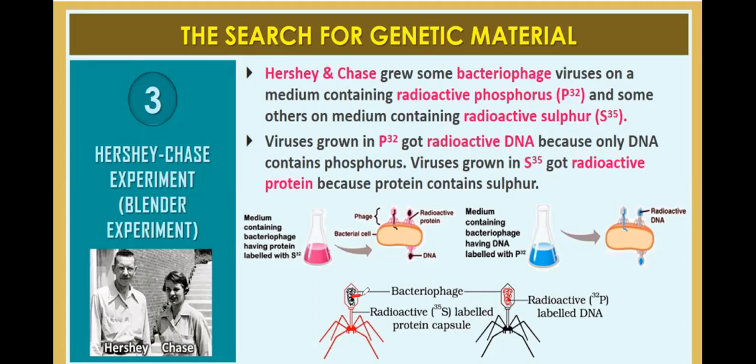This black color is DNA. DNA is not labeled. Here in this case, protein is labeled. And in this case, see here, red means radioactive. Here, DNA is labeled. The protein is not labeled. So they created two types of bacteriophages, in one case labeling protein, and in the second case labeling what?